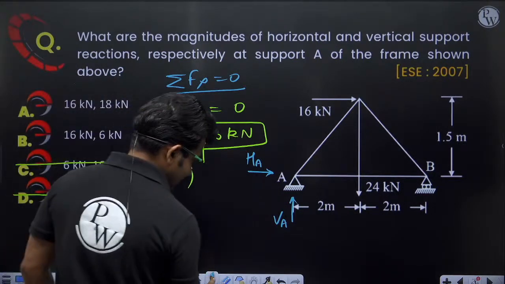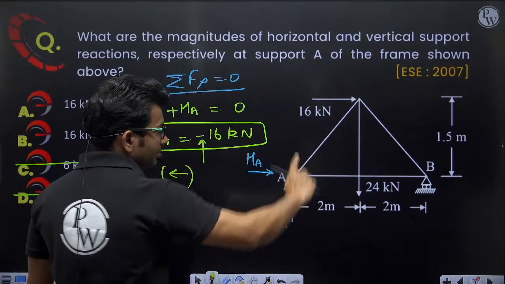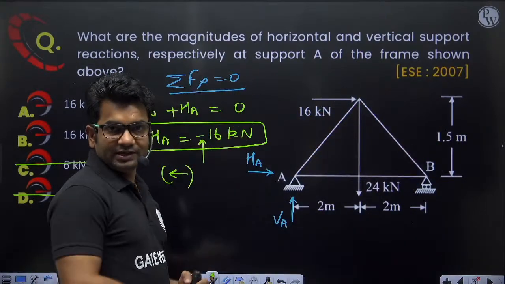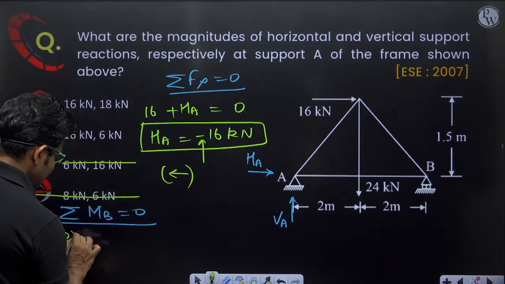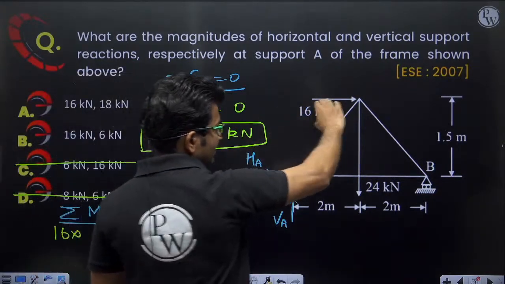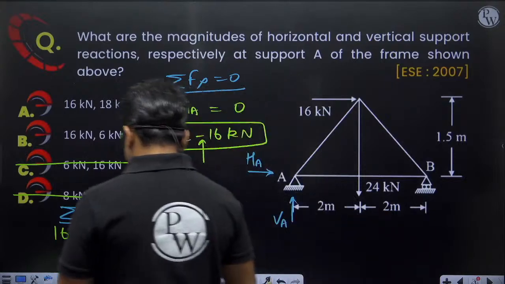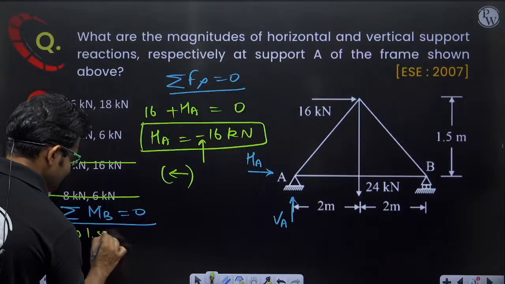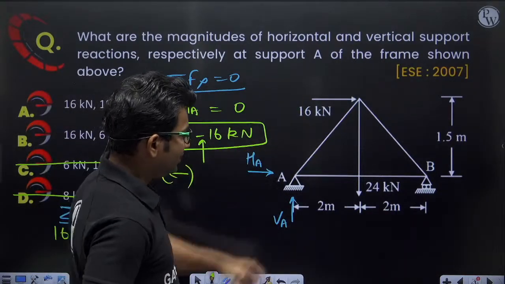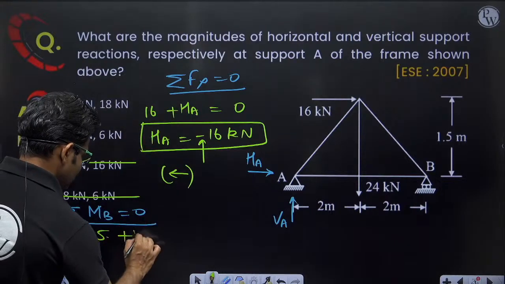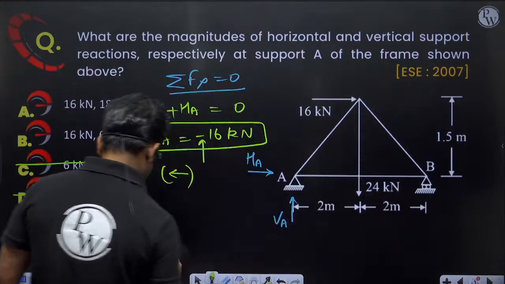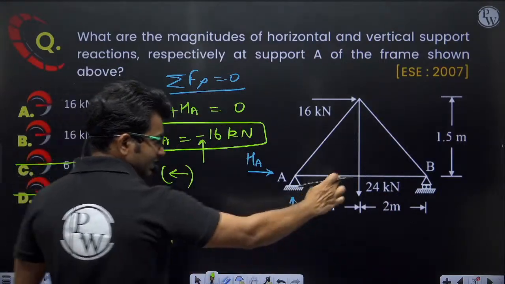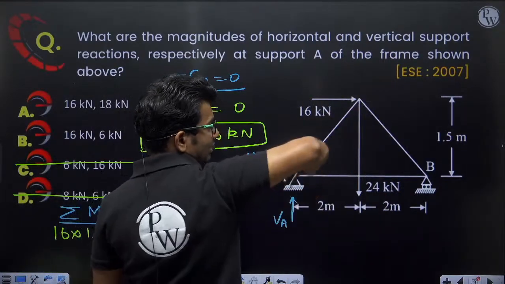Okay, so let us see. Because of 16 kilonewton, I'll be getting a clockwise moment. Let us take clockwise moment as positive. So 16 into the perpendicular distance, which is 1.5, so 16 into 1.5. Then plus VA into 4 meter, because VA also gives a clockwise moment.